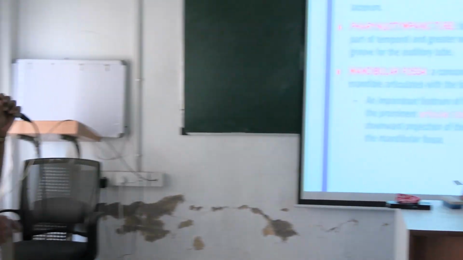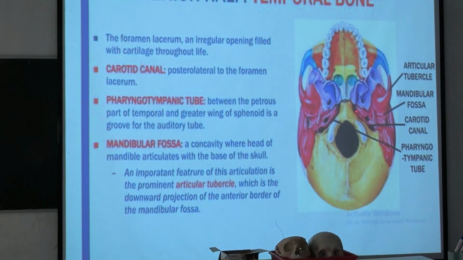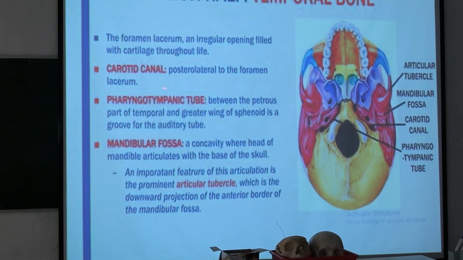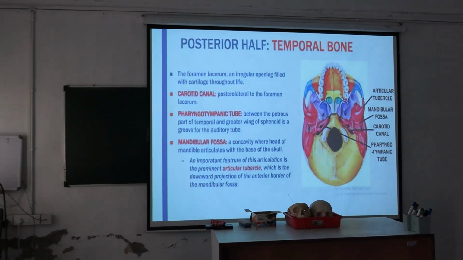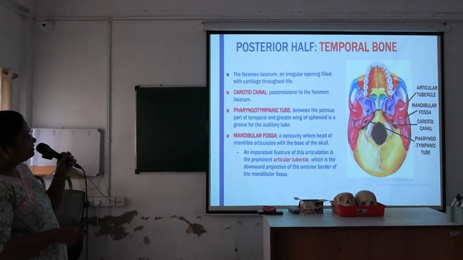Carotid canal is posterolateral to the foramen lacerum. Here is the location of foramen lacerum. So carotid canal you will see at this region. So carotid canal is lying here.